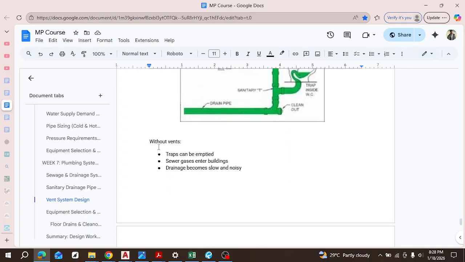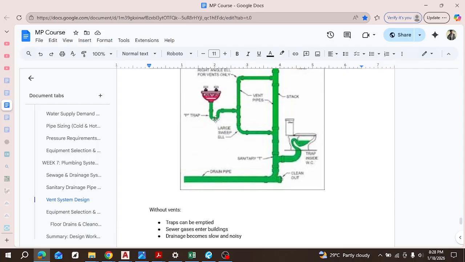So moving on. Now without vents, traps can be emptied, right? Because of that siphonage you spoke of earlier, when there's no place for the air to go out, you discover that a one-sided pressure gradient takes place. One side pressure is greater than the other, and then that makes the water trapped here flow out, and then the gases escape back into the system.